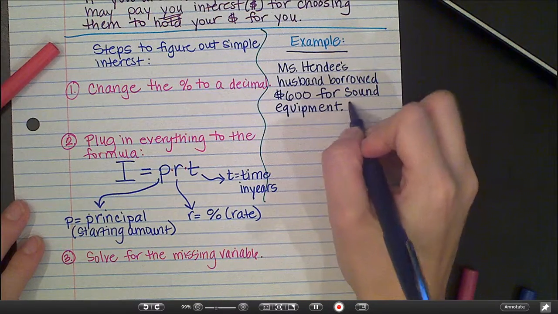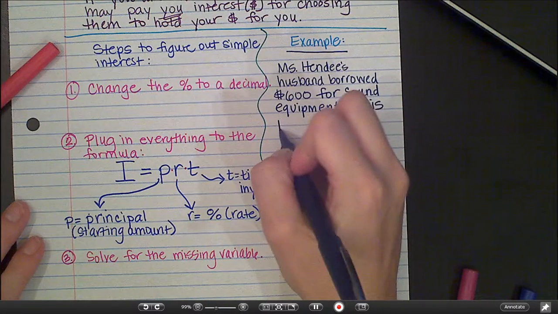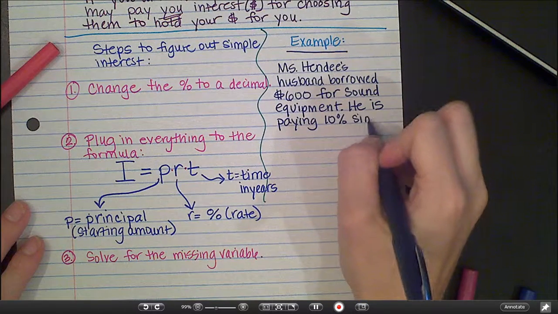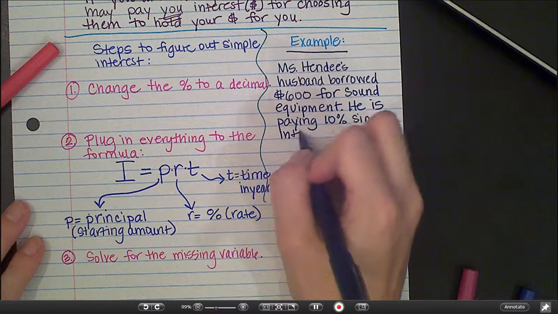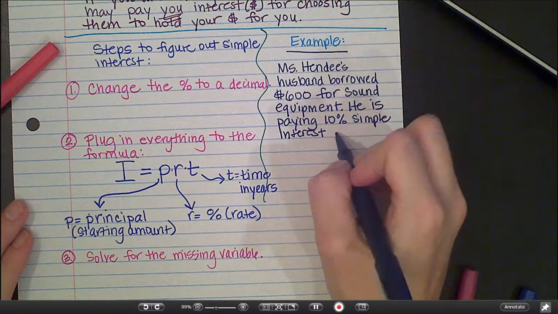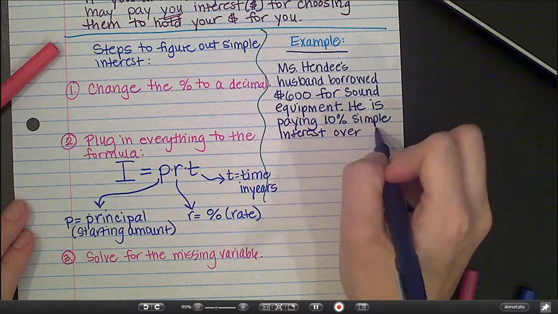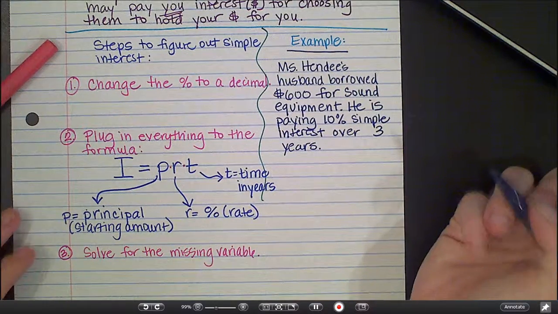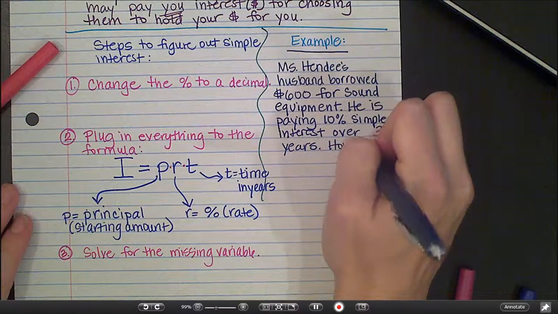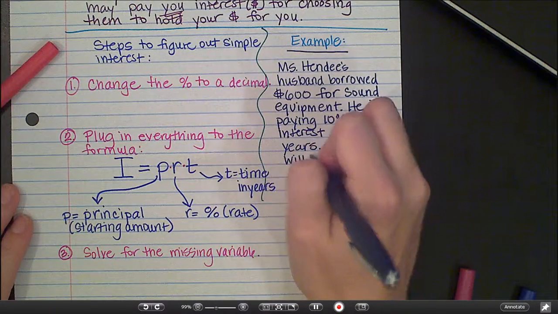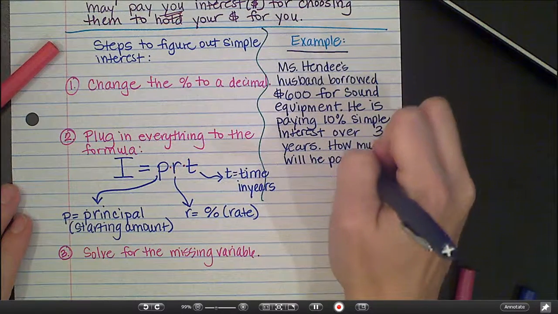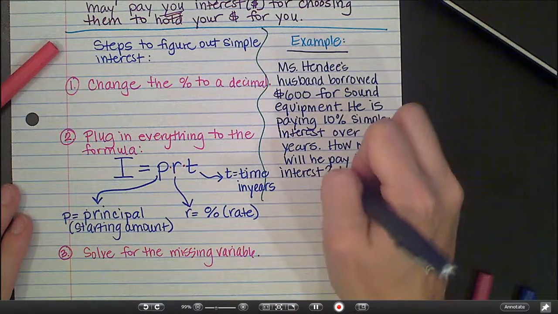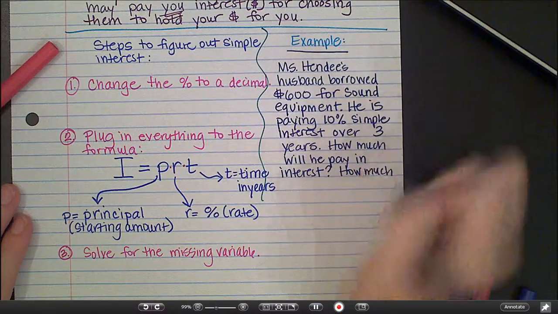He is paying 10% simple interest over 3 years. How much will he pay in interest? And then as a follow-up question, how much will he pay total? There's two questions to this.